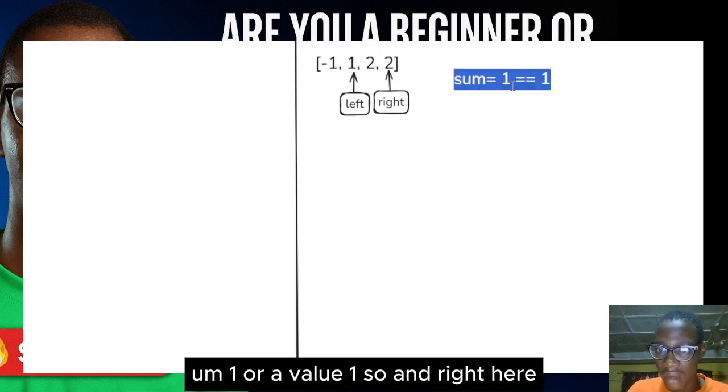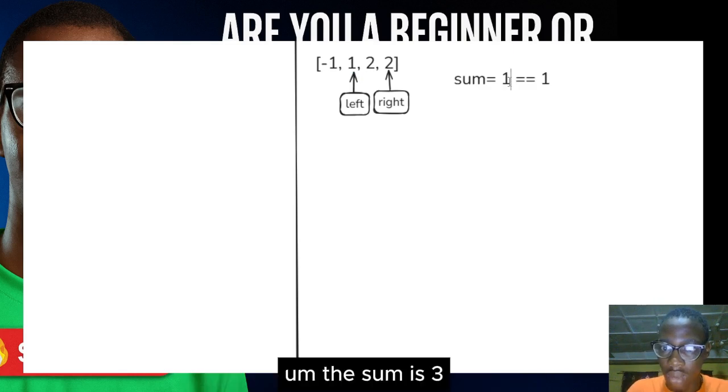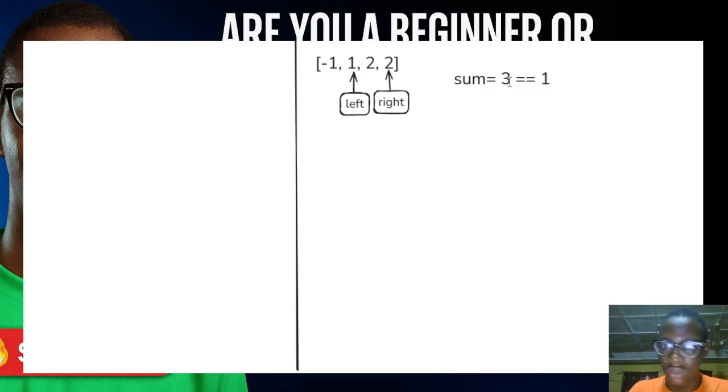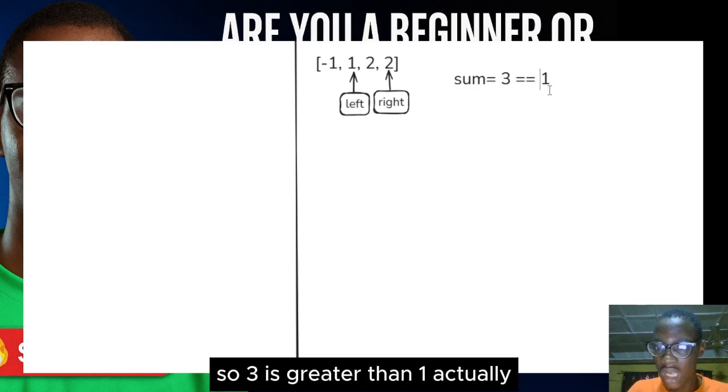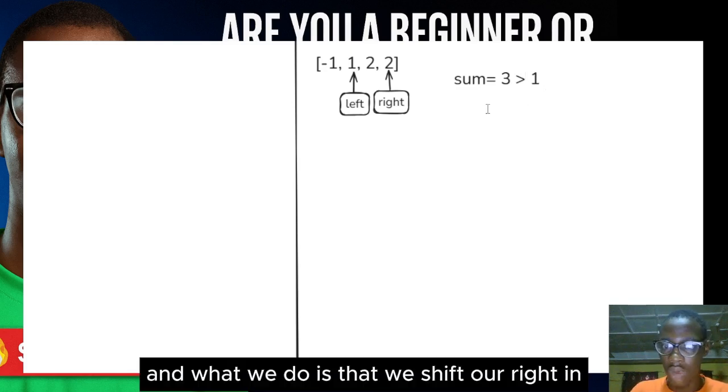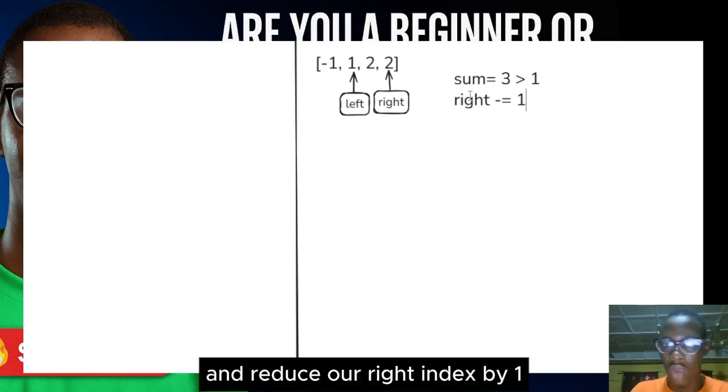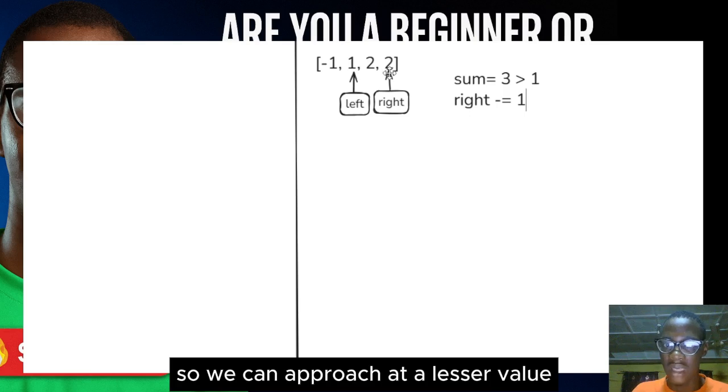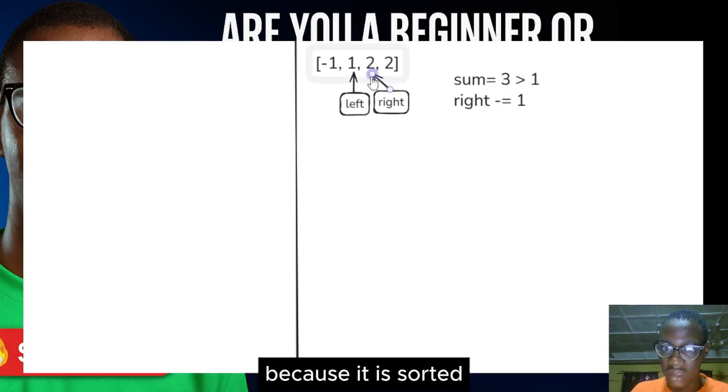And right here the sum is 3. So 3 is greater than 1 actually, and what we do is reduce our right index by 1, so we can approach a lesser value because the array is sorted.